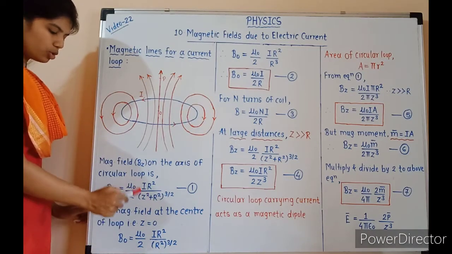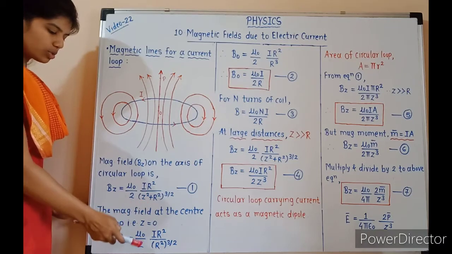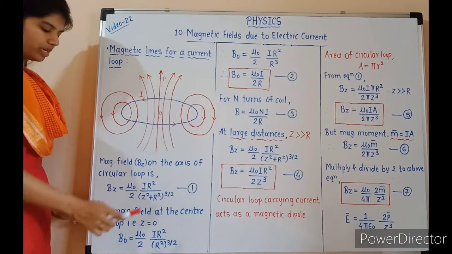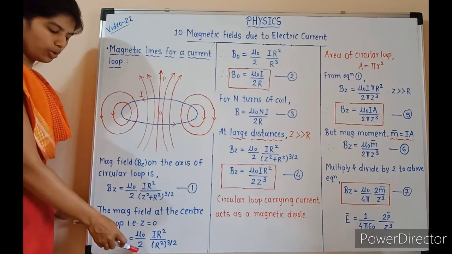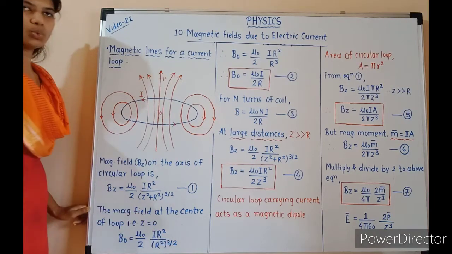B0 is equal to mu 0 upon 2 into I R square. Now this Z is equal to 0, so here we get R square raised to 3 by 2. As Z is equal to 0, we get B0 is equal to mu 0 upon 2 into I R square upon R square raised to 3 by 2.